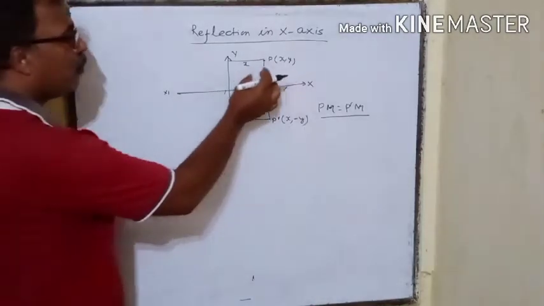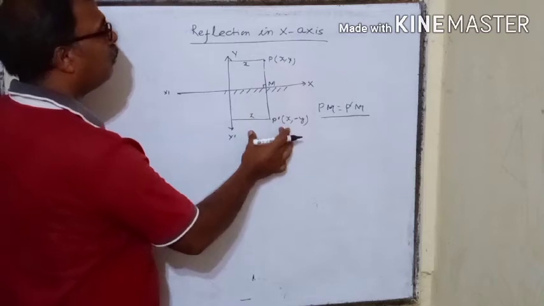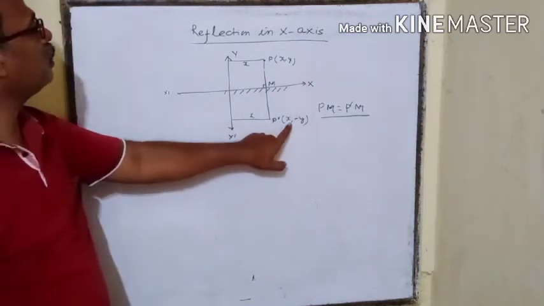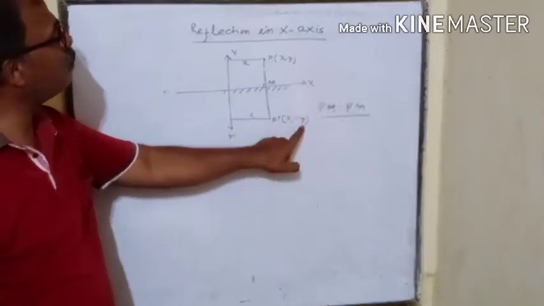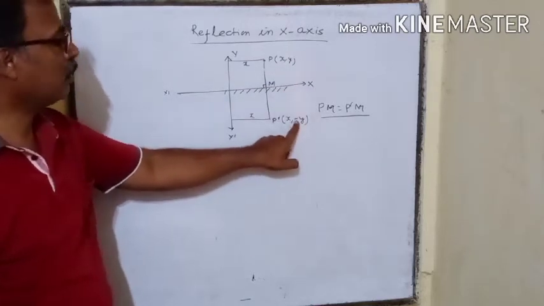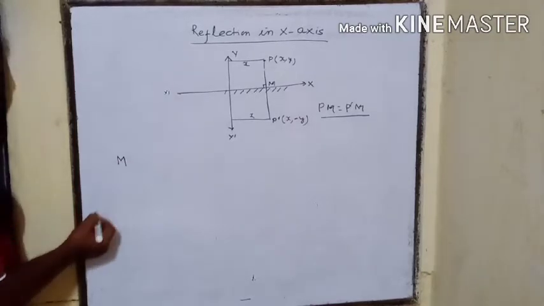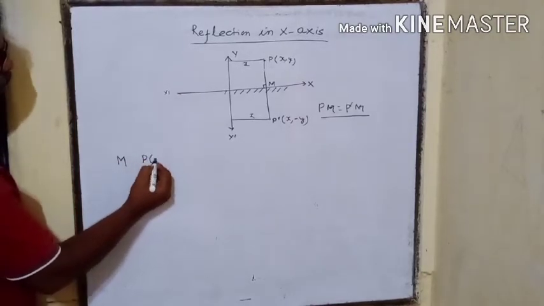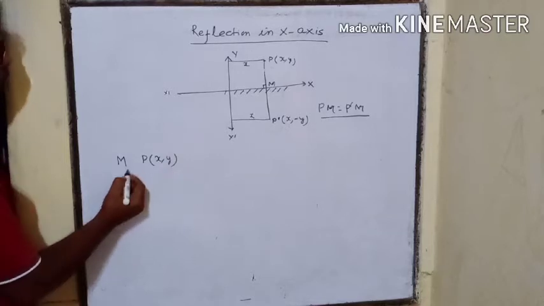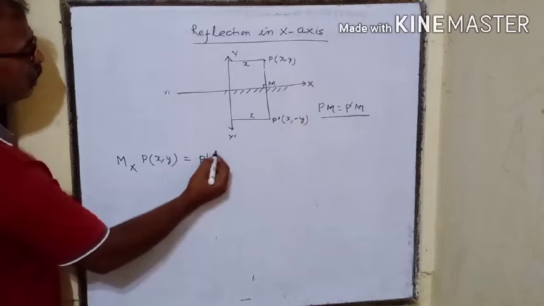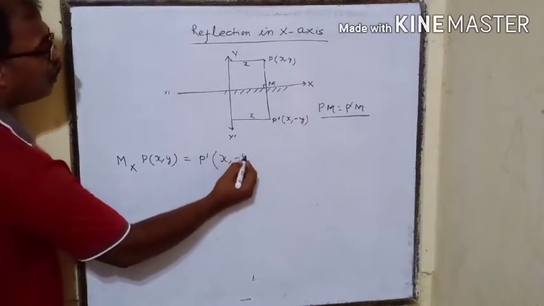So when reflection of a point P is checked in the x-axis, the coordinate of x remains the same. The coordinate of y also remains the same, but its sign changes. It becomes minus y. And we write reflection of point P, whose coordinate is x and y, in the x-axis is equal to P dash: x remains the same, but y changes its sign.